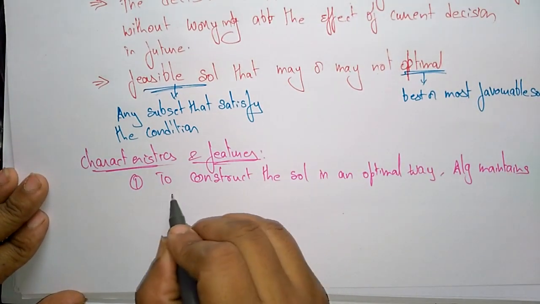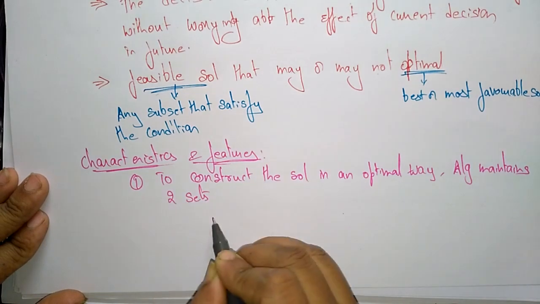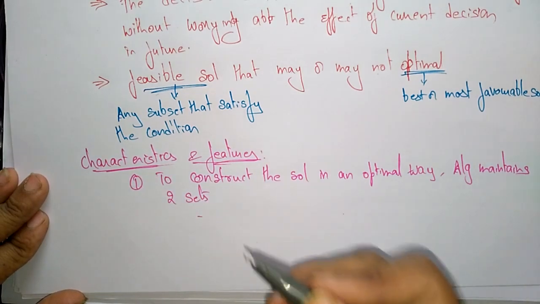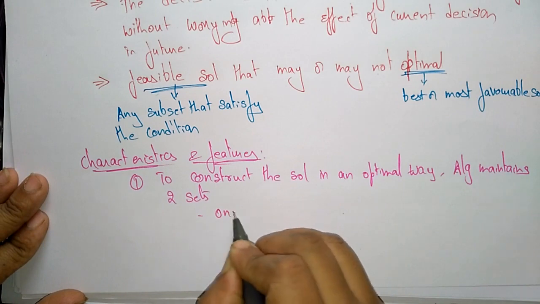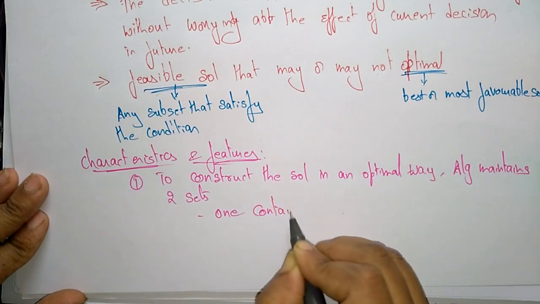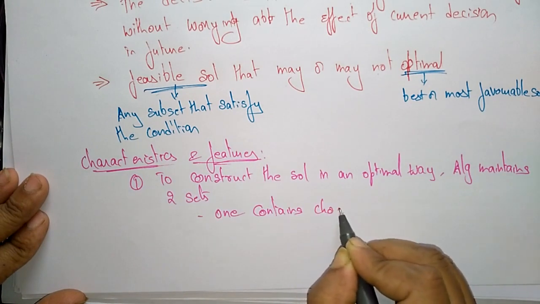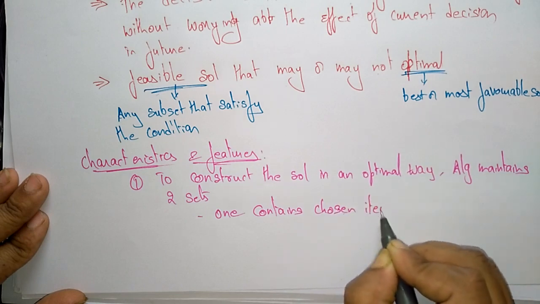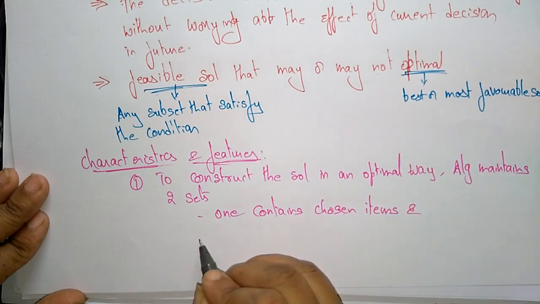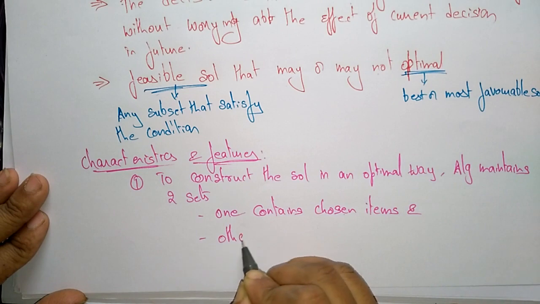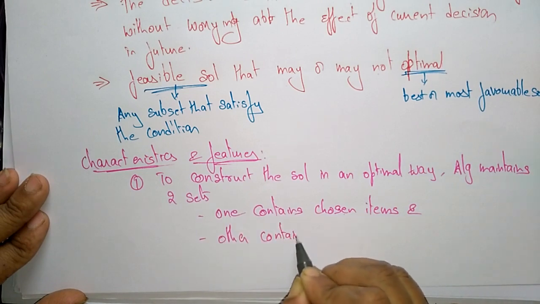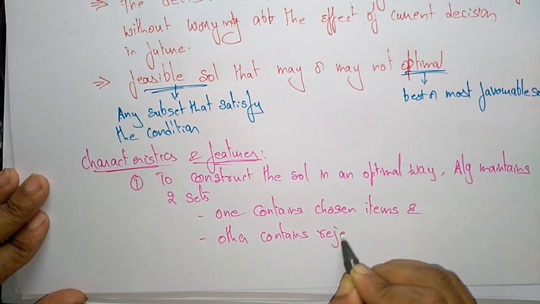One set contains chosen items, which are part of the solution, and the other set contains rejected items.